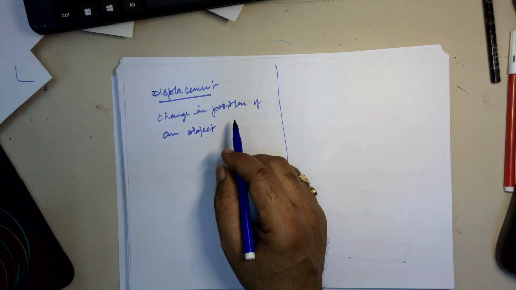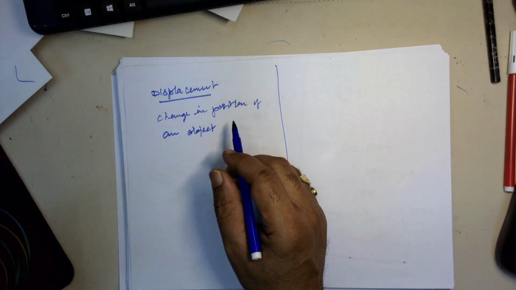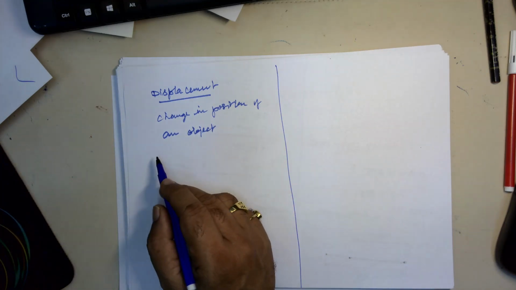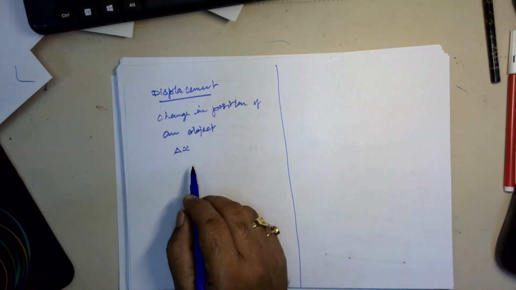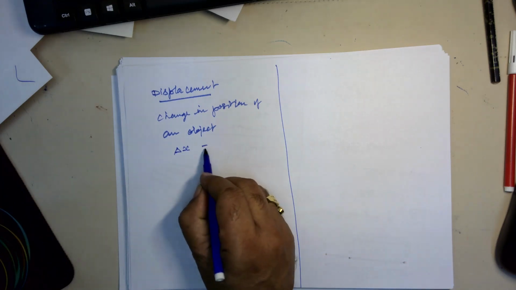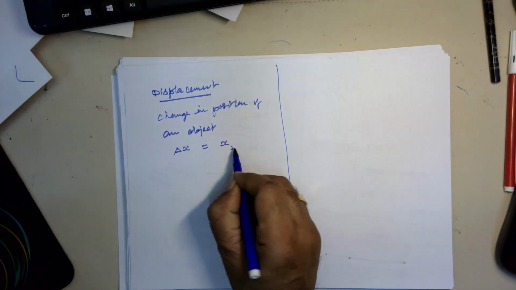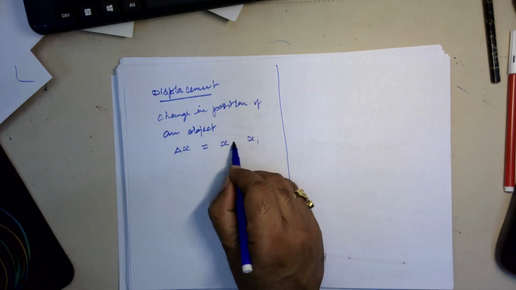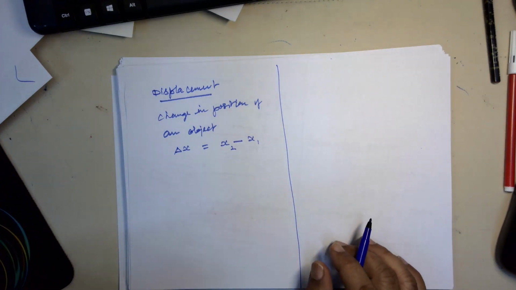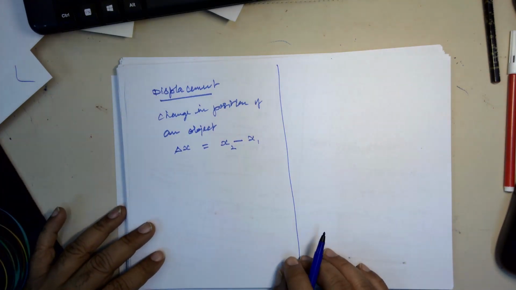So it is the difference between the final and the initial position of the object. We can represent this as delta x. Assuming that x2 is the final position and x1 is the initial position, the difference is displacement.